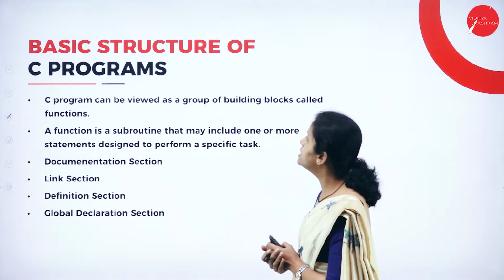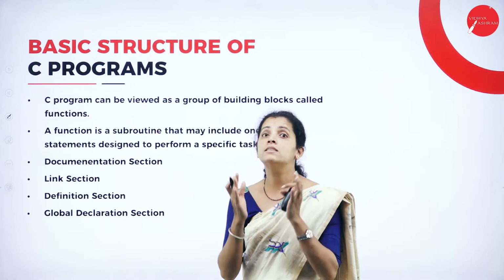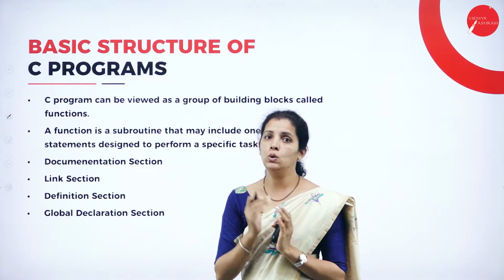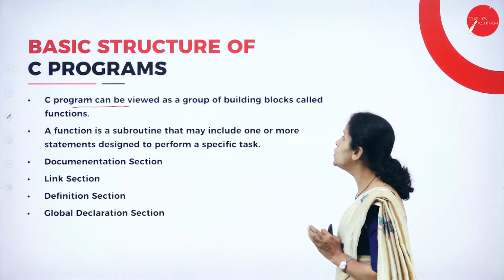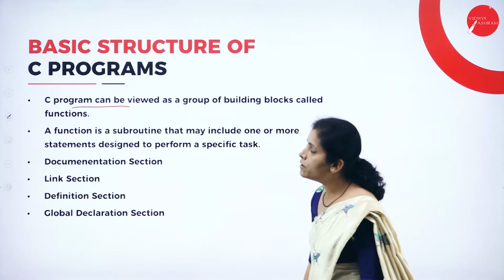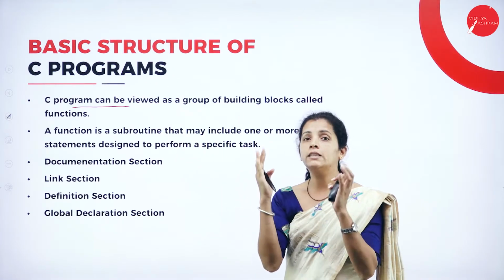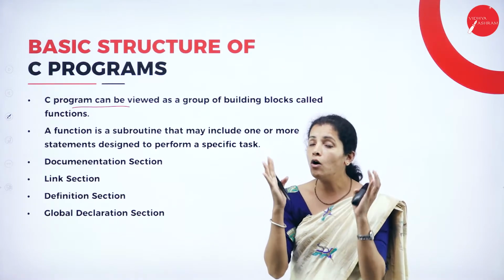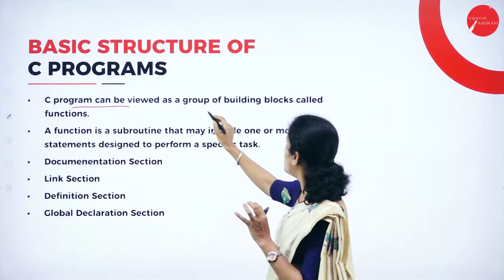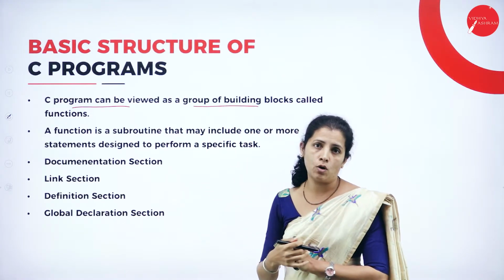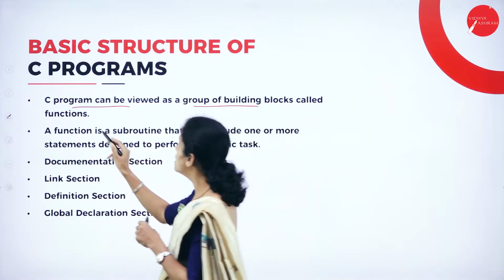Now, I'm going to explain the basic structure of a C program. So, how does my C program actually look? A C program can be viewed as a group of building blocks called functions. In a C program, we have a group of statements, and all the statements grouped together are known as a function.